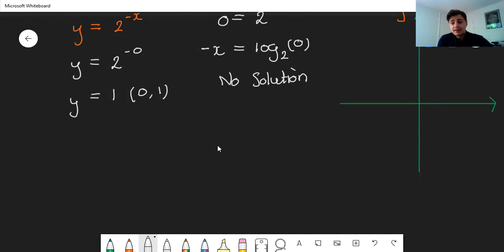I'm going to use x is equal to 2 again. So y is equal to 2 to the power of negative x. Instead of x, it's going to be 2. So that is 2 to the power of negative 2. And we can rewrite this as 1 over 2 squared. So if we take the reciprocal, if we flip it upside down, that negative power becomes a positive power.